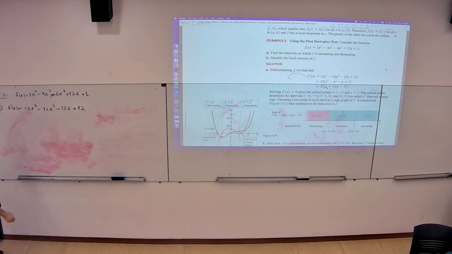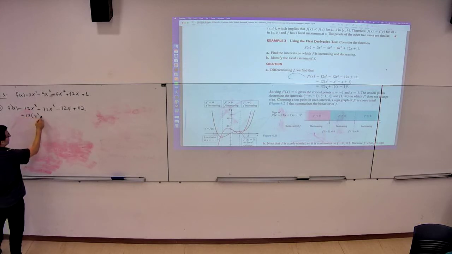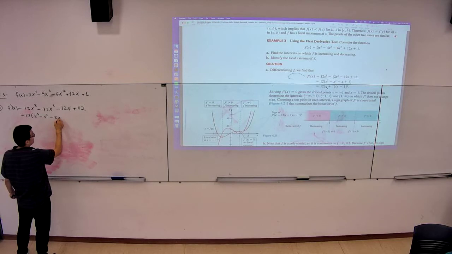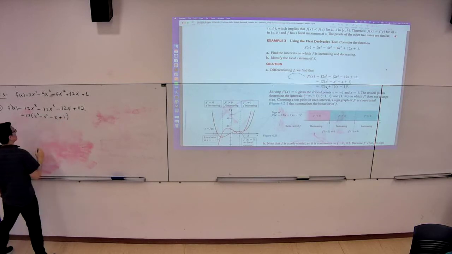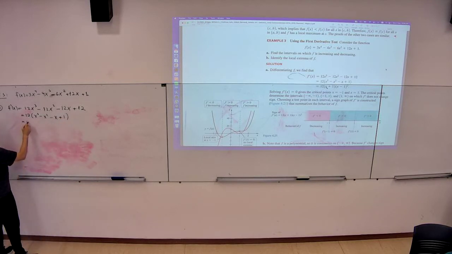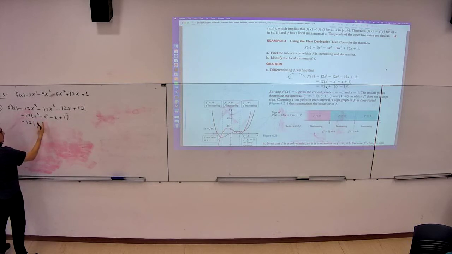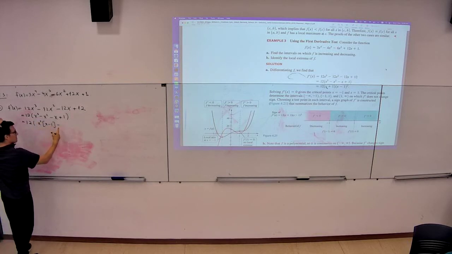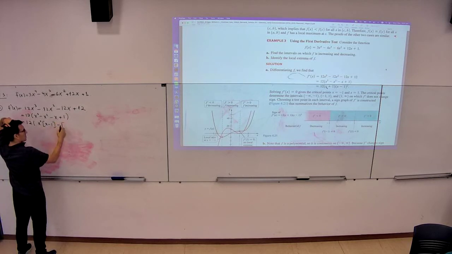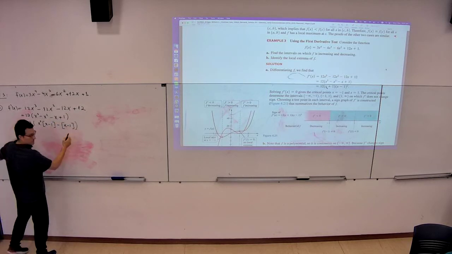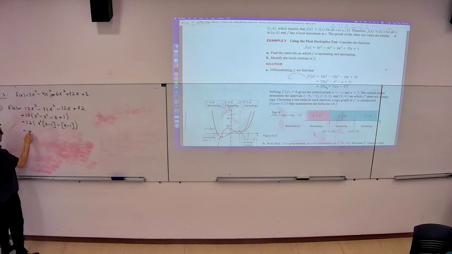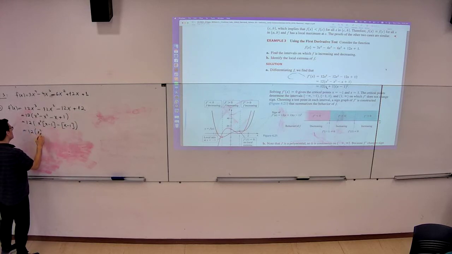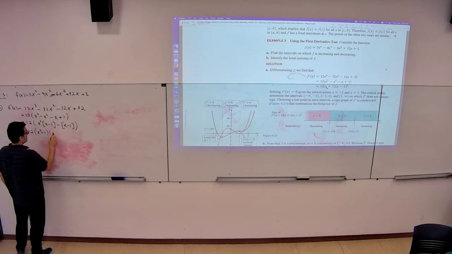Of course, here you can factor 12 out and you get x cubed minus x squared minus x plus 1. And this is equal to 12 times x squared, you can take the x squared out, so you get x minus 1, minus, and then this term down here is the same as x minus 1. Thus, you get 12 times x squared minus 1 times x minus 1.